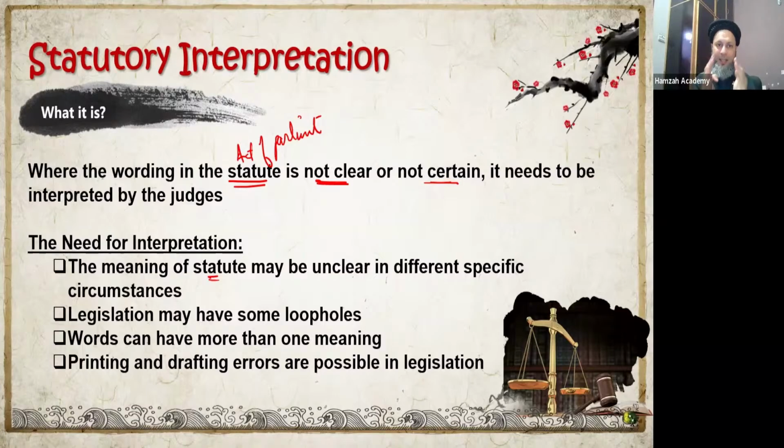What should I do? Then it is the judge's job to make an interpretation. Sometimes legislation may also have loopholes. Loophole means gaps. It's not very clear. Words can have more than one meaning, and sometimes there are printing and drafting errors, because of which when the document is in front of the judge, it gives different meanings.